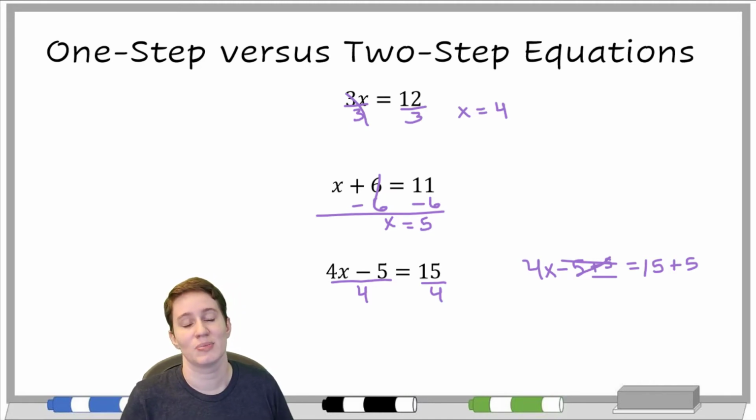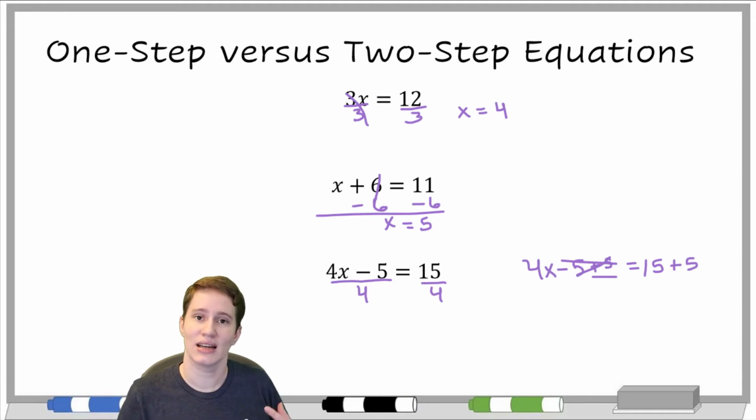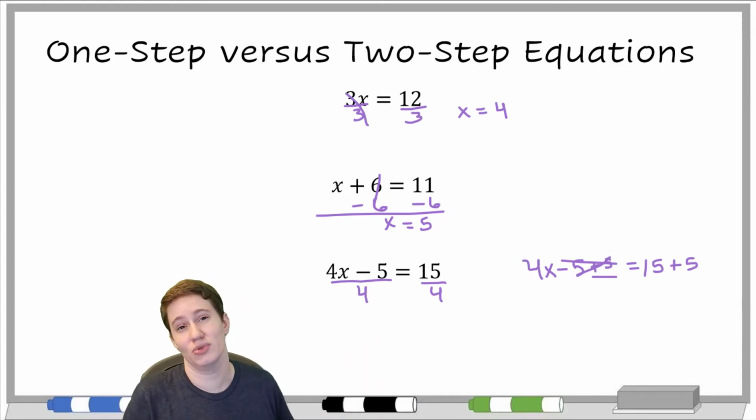If something is being added or subtracted next to x, we want to move that first and save the thing that's being multiplied or divided next to x for last. Because again, think of it like that relationship is weightier. So having 4 times x, those two things stick closer together than the minus 5 does. So we're allowed to move the minus 5 first, and then we take care of the 4 after.